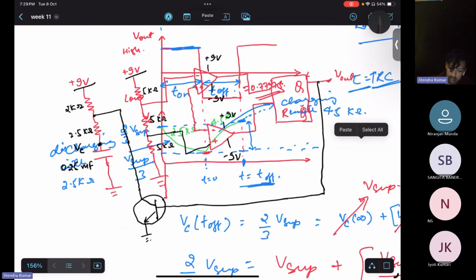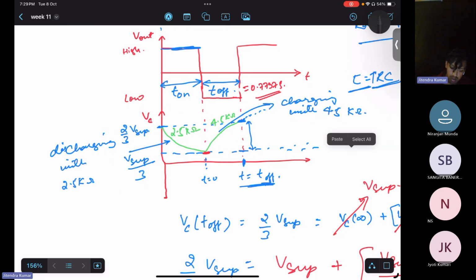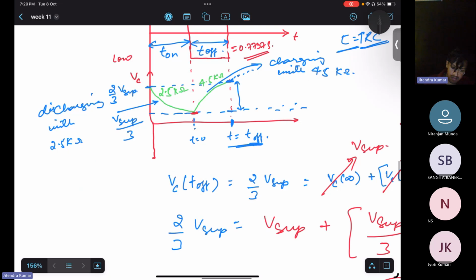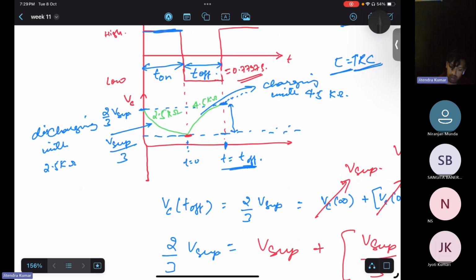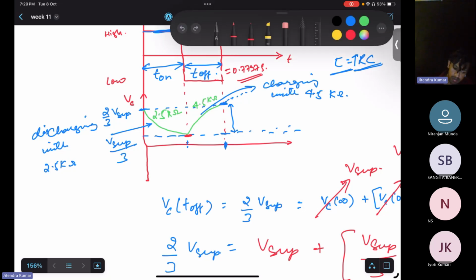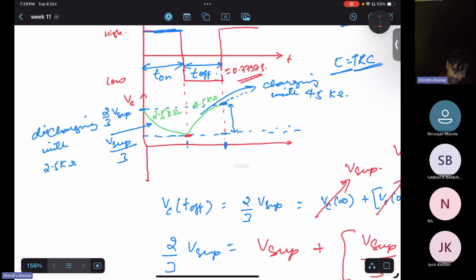So now what we can do is shift this T equal to 0, and we will consider this point as T equal to 0. And here T is equal to T on.